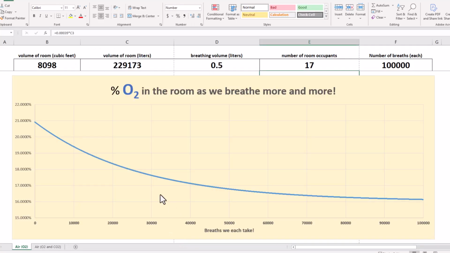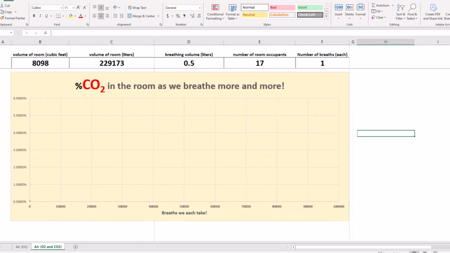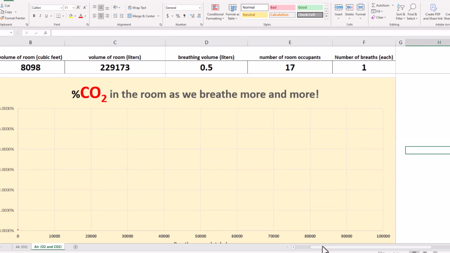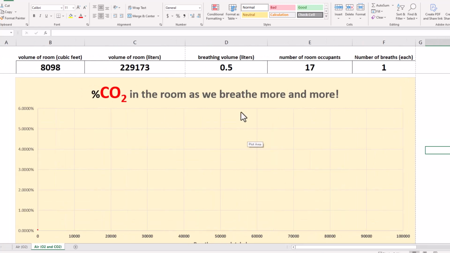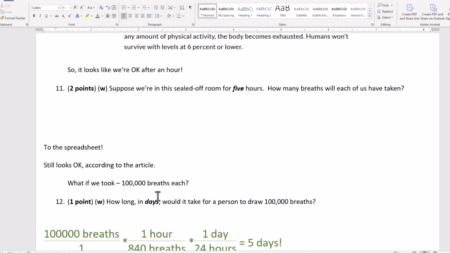But the problem is it's not just about the oxygen. It's also about the CO2 in the room. Yes, we're never going to get below 16% oxygen, but with 17 people taking breaths, let me go back real quick. How many breaths do I have us taken here at the end?